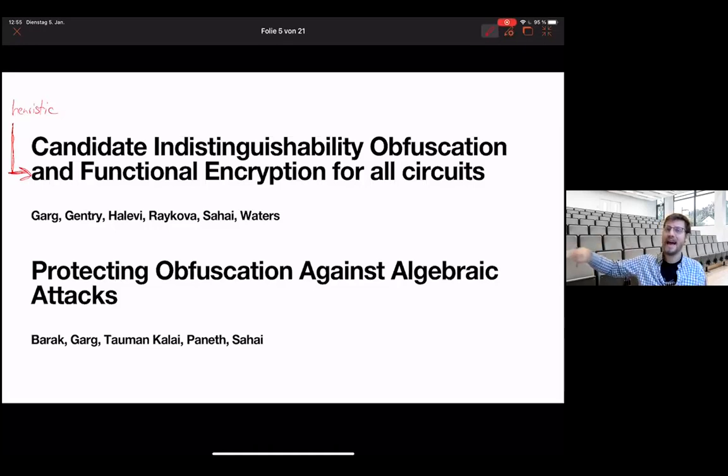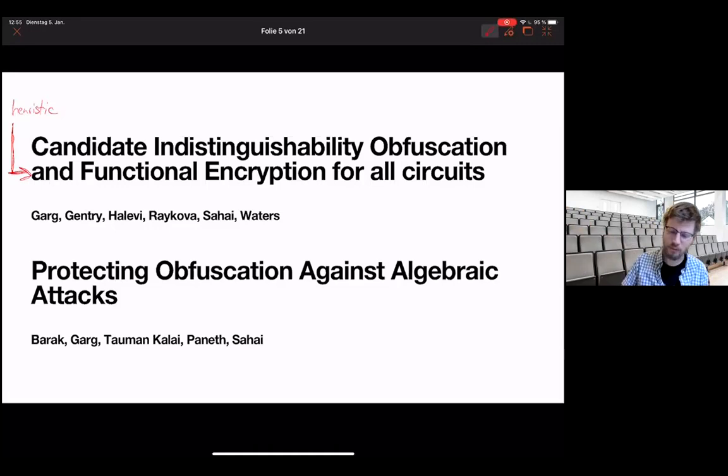So they had an idea, a reasonable idea for constructing an indistinguishability obfuscator for branching programs using multilinear maps, but they couldn't prove a lot, right? They couldn't really prove anything there.